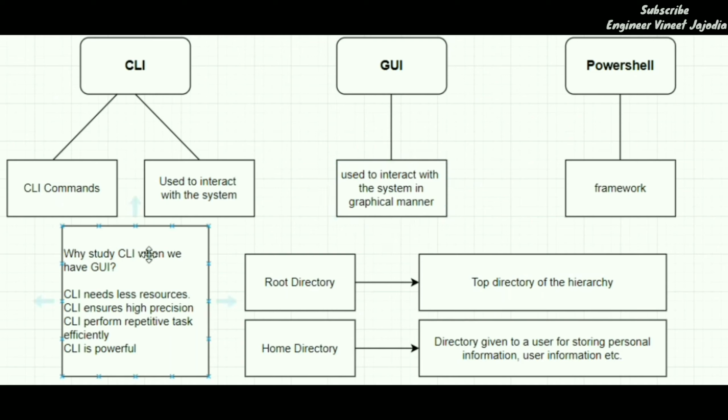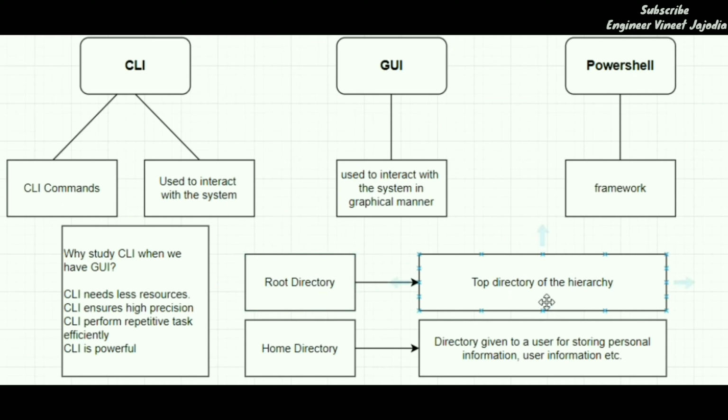Then we have studied why we are studying CLI when we have GUI, which is a very simple way to interact with the system. We study CLI because CLI needs fewer resources, it ensures high precision, and it performs repetitive tasks efficiently, and it is very powerful as it gives whole control of your system in your hand. Then we have studied root directory.